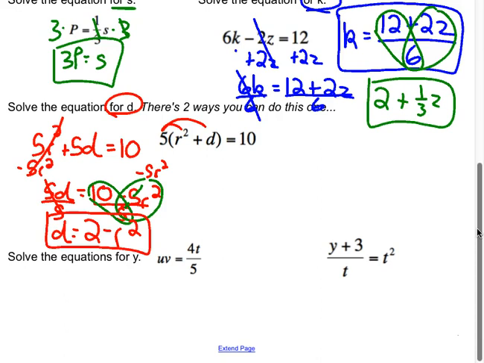Now, I alluded to the fact that there is another way you could think of this one. So for this one, notice 5 actually goes into the 10 on the other side, right? So here I have two things being multiplied. The 5 is multiplying the r squared plus d. What if right away I had decided to divide that 5 off from the get-go? Well, that changes things, right? Now on this side, with that 5 gone, I just have that. 10 divided by 5 is 2.